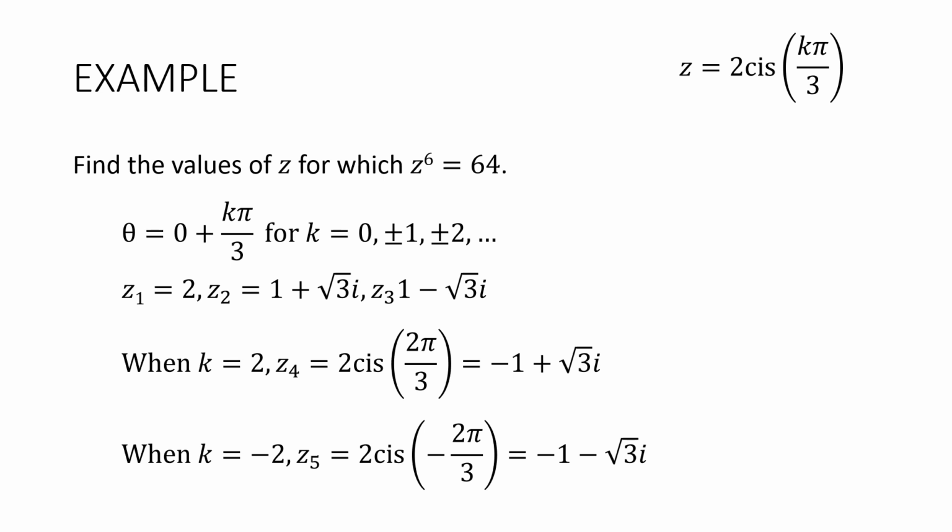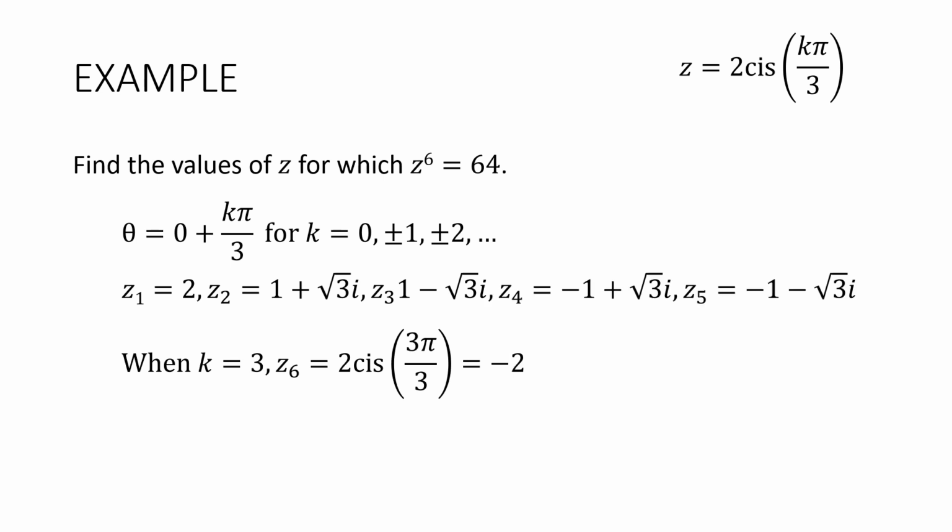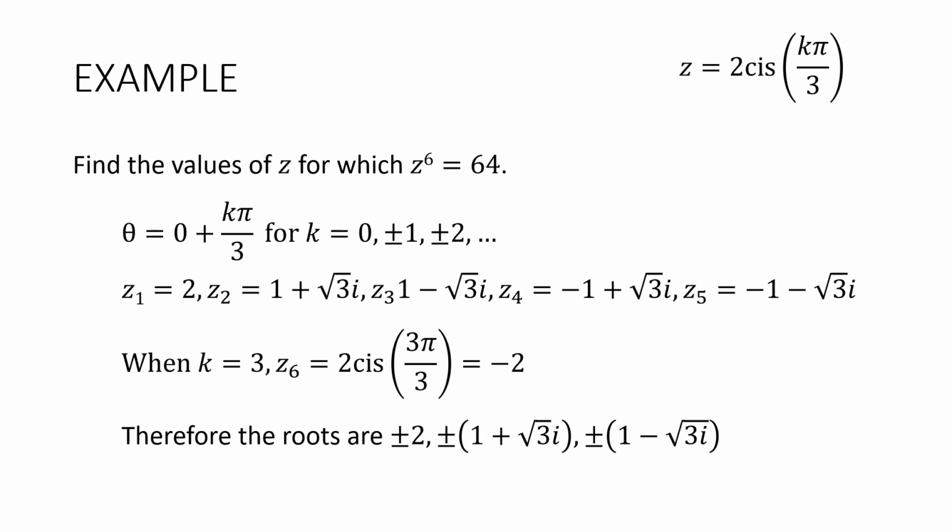When k is equal to negative 2, our fifth root is negative 1 minus root 3i. And when k is equal to 3, our sixth root is negative 2. So altogether, the roots are plus or minus 2, plus or minus 1 plus root 3i, and plus or minus 1 minus root 3i.